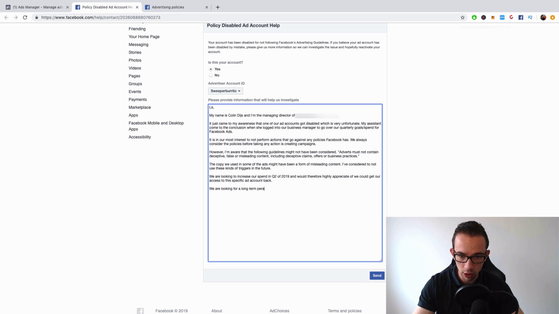We are looking for a long-term partnership with Facebook, and will keep a stricter eye on the policies from now on. Please take our appeal into consideration.